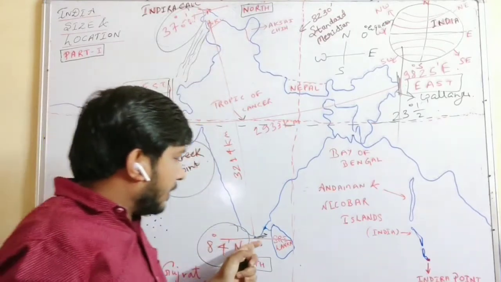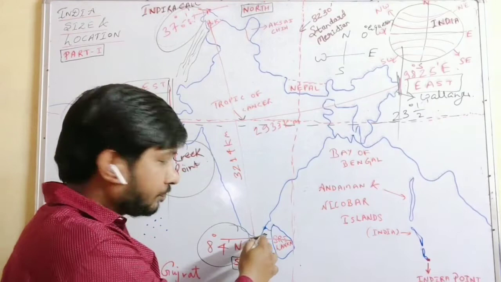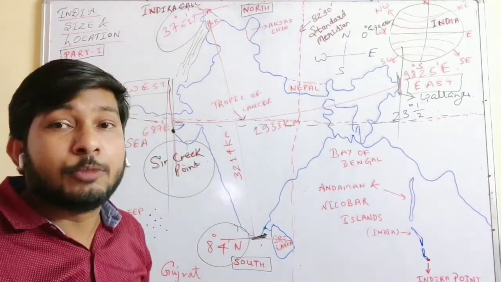And in the mainland, this is the Kanyakumari Point region, the southernmost part.